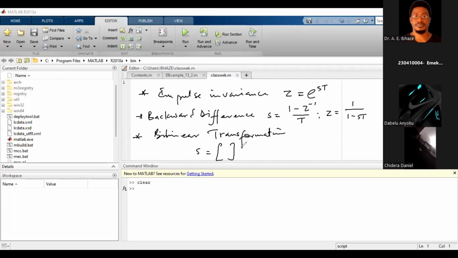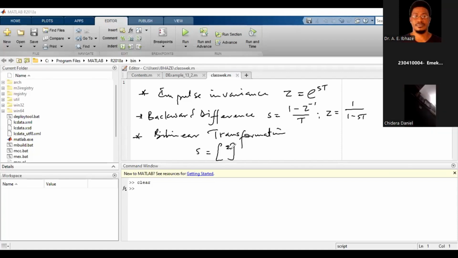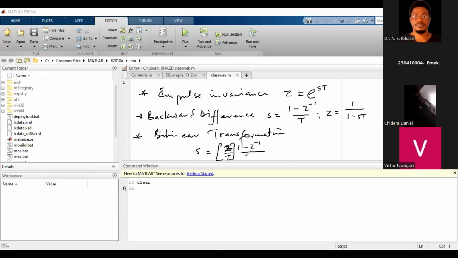So I think we have this, that will be 2 over T. This is 2, not Z. Then 1 minus Z inverse over 1 plus Z inverse. Or better still, we can move from the discrete time domain to the continuous time domain, so that we have 1 plus T over 2 S, over 1 minus T over 2 S.